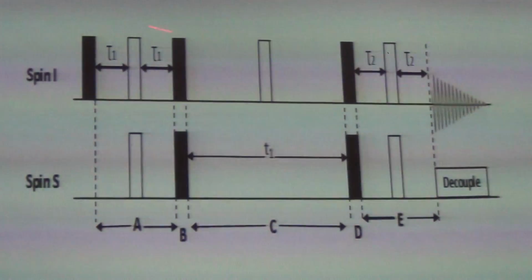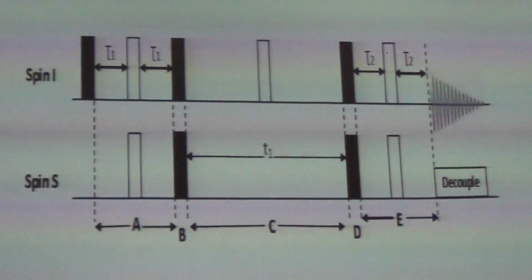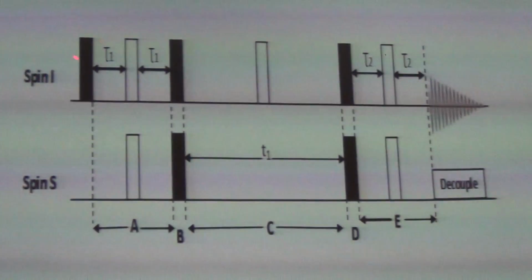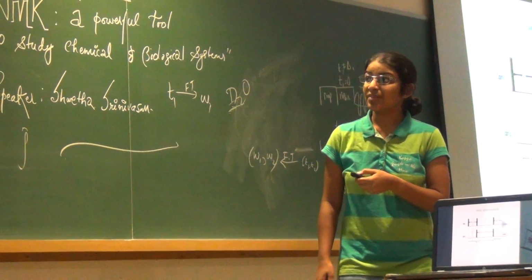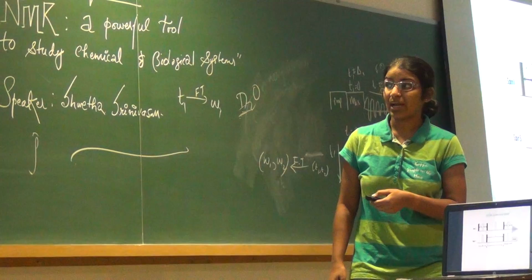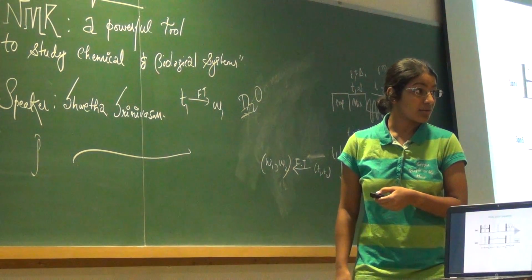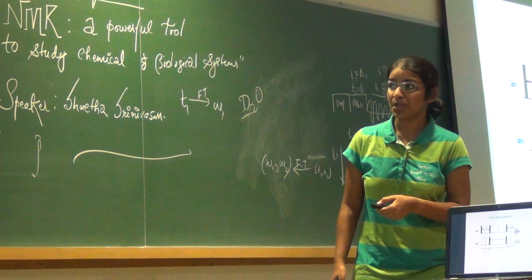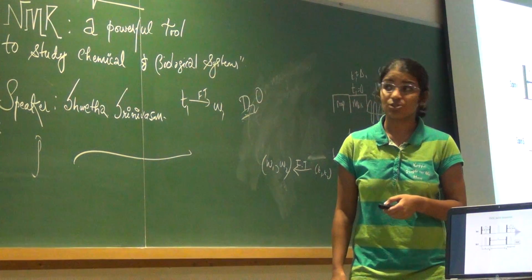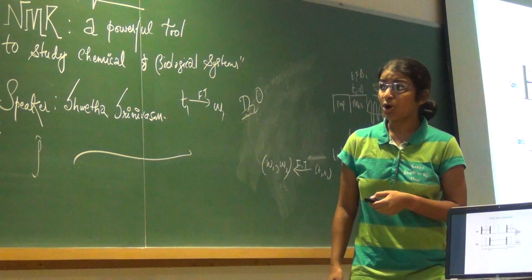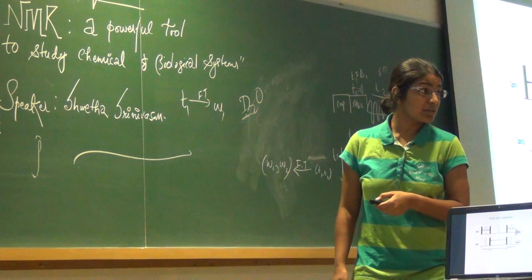HSQC is a 2D experiment, so we are trying to get information about both the nuclei. If I have a hydrogen and a nitrogen, I'm trying to get the resonance frequencies of both. But when I record my data, the FID, I'm recording it only along the hydrogen. Say my spin I is hydrogen and my spin S is nitrogen. I'm going to be recording data only from the hydrogen.